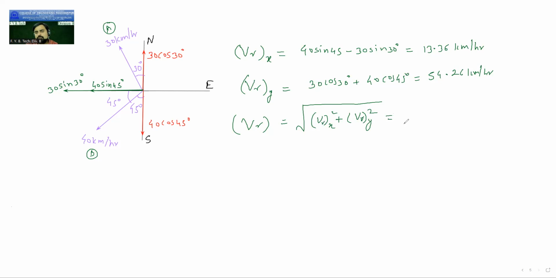Put these two values. Answer is 55.80 kilometer per hour.